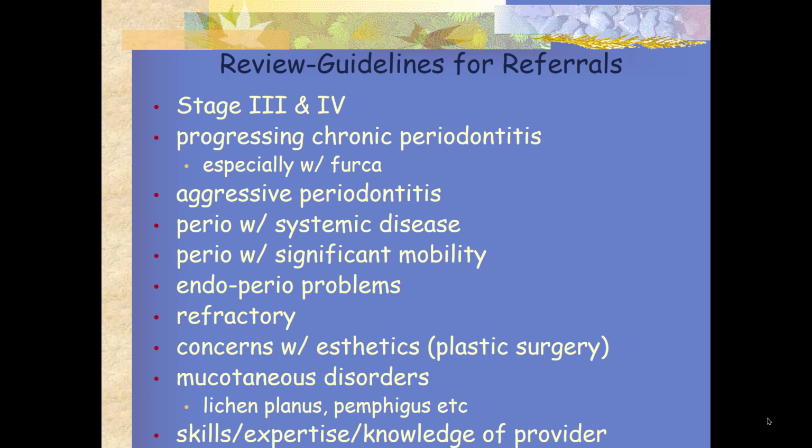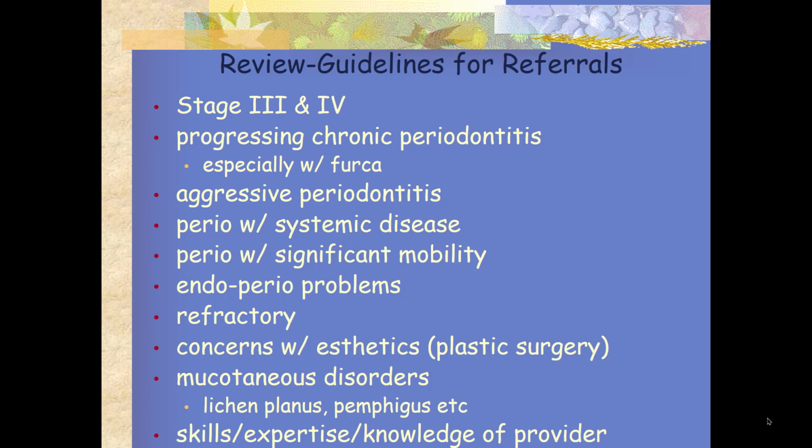Progressive perio and furcations should be treated by the periodontist. Aggressive disease, systemic disease, patients with mobility, refractory cases, when aesthetics are concerned, and some diseases like lichen planus and pemphigus tend to be better maintained by the periodontist.